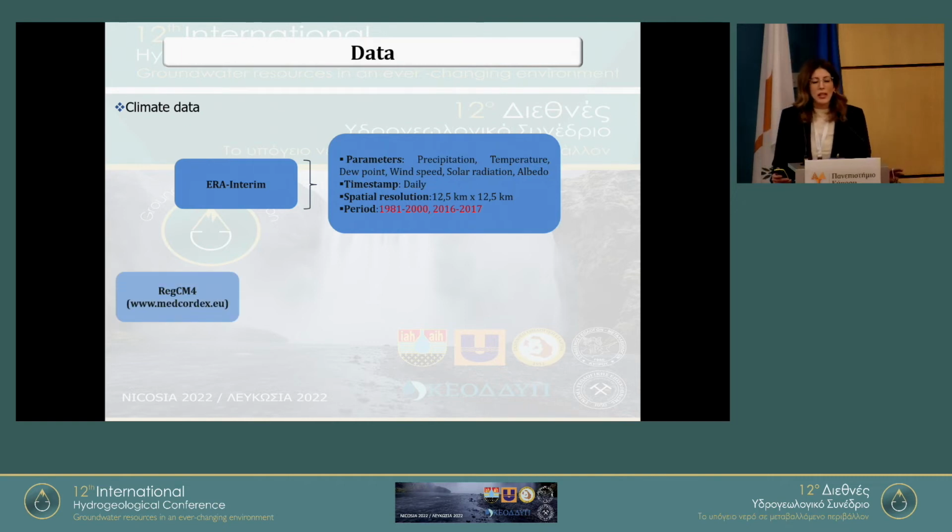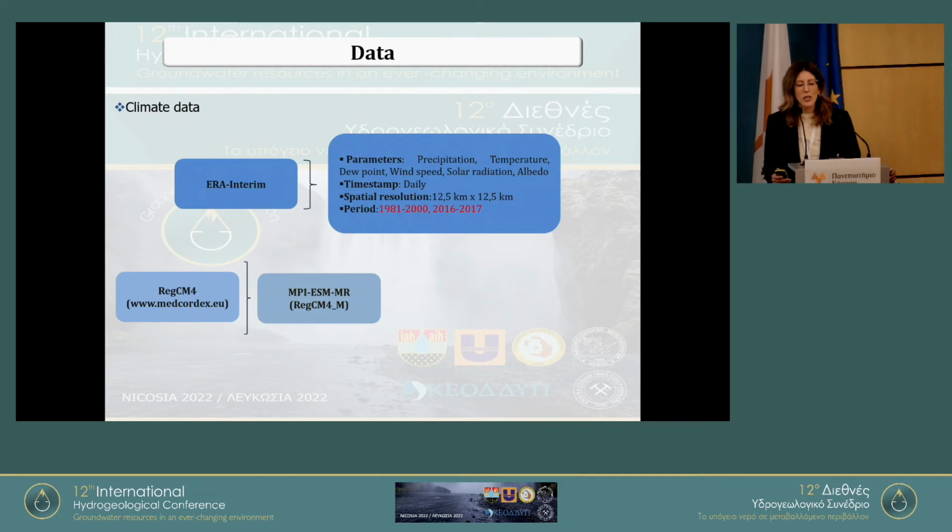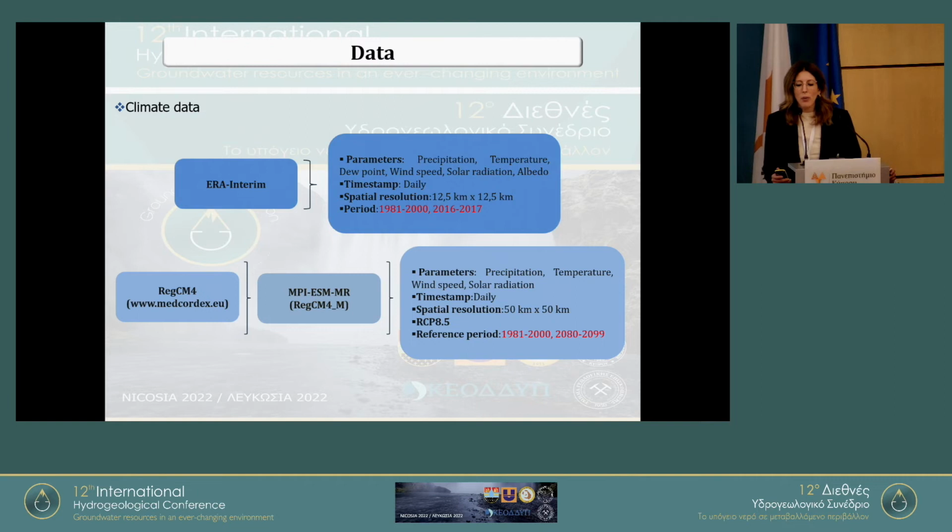In order to investigate the future climate conditions of the aquifer, the regional climate model forced by the General Circulation Model MPI under the RCP 8.5 was used.